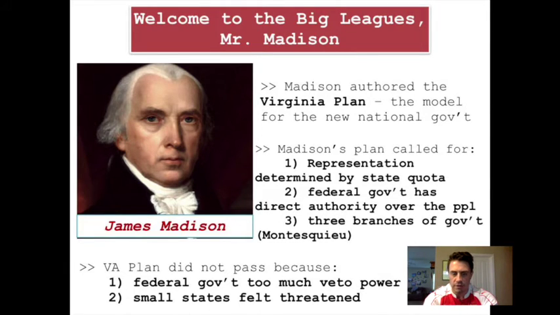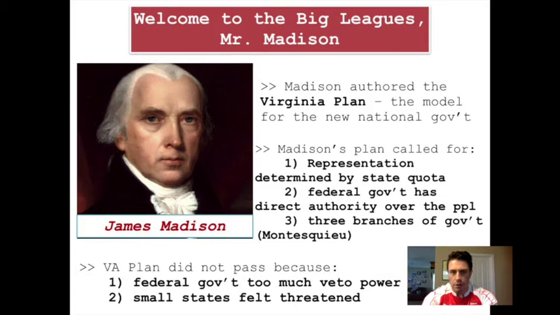Madison proposed that a two-house legislature would be created, an upper house and a lower house. Madison theorized that each house would be determined proportional to a state's population. Now, this was a good thing for bigger states like Virginia, where Madison was from, hence the name for the Virginia Plan. Because the larger the state and the more people, hence the more representatives it received.